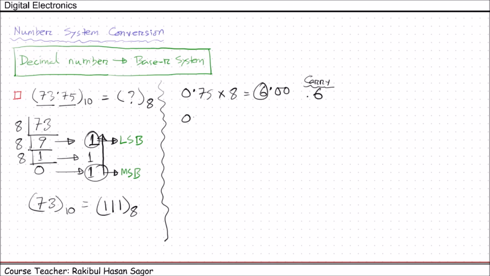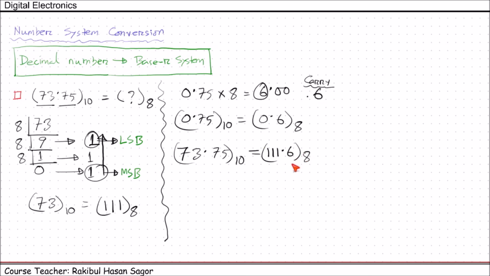We can write 0.75 decimal is equal to 0.6 in octal. So we can say 73.75 decimal is equal to 111.6 in octal. I hope the process is clear to all of you.